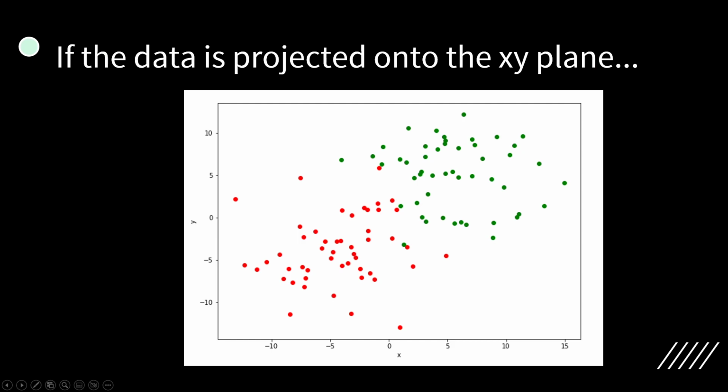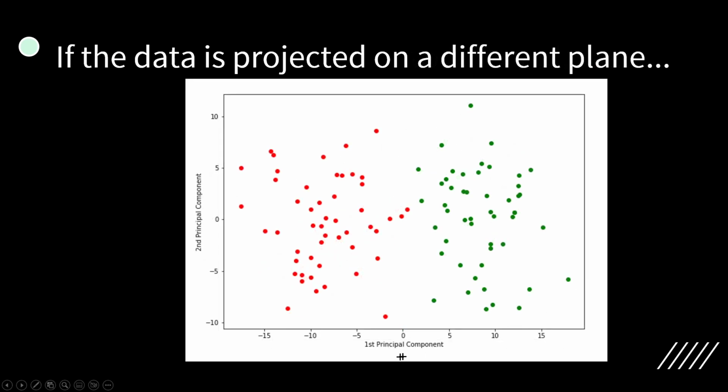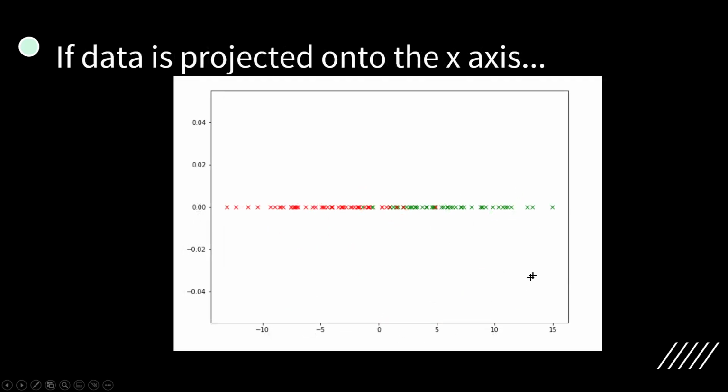And as an example, here if we have the correct axis, the first principal component axis and the second principal direction, if these 2 directions are chosen wisely, then the projection has clear distinction between the red and the green. Now you can even go lower.